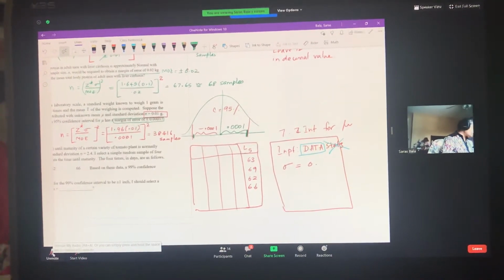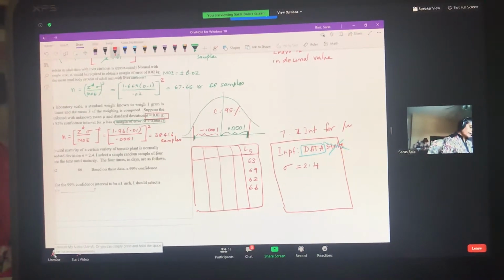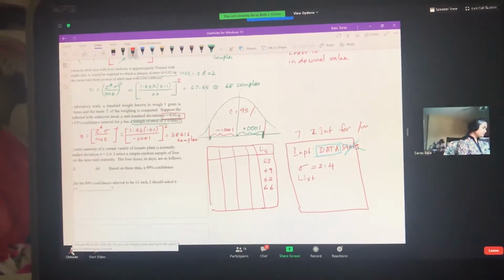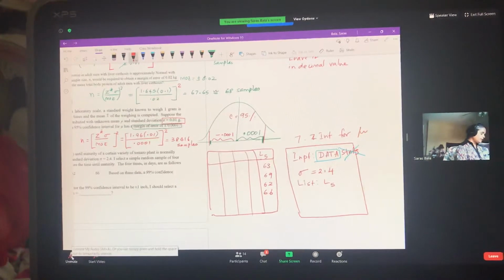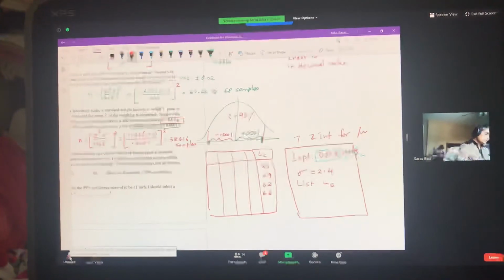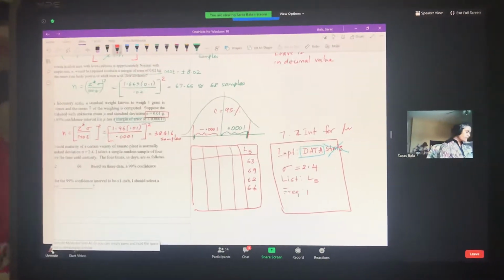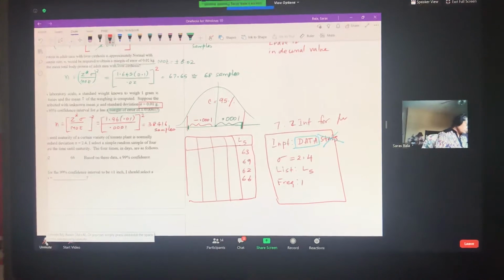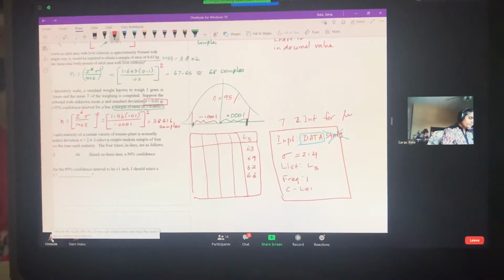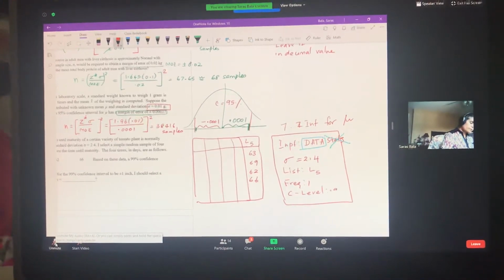So sigma is 2.4, and my data is in L5. The frequency is 1, which is the default. Then I move the cursor down, and the C-level is 99. Then hit calculate.